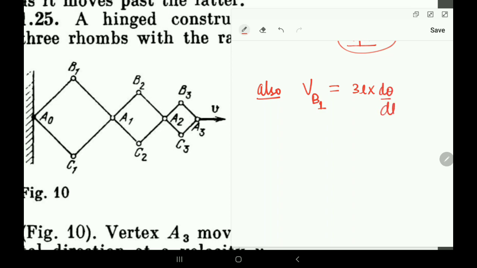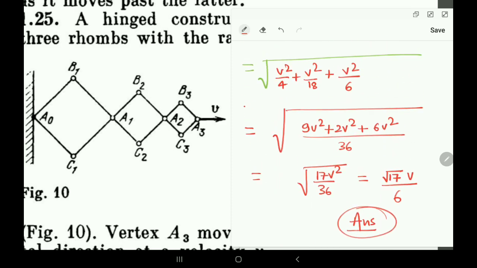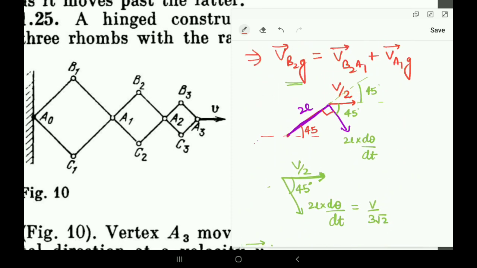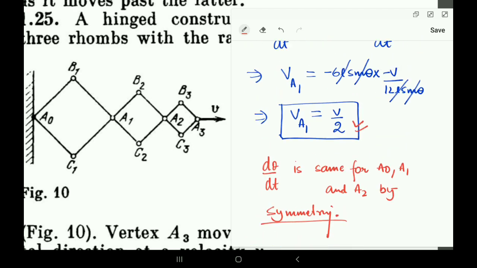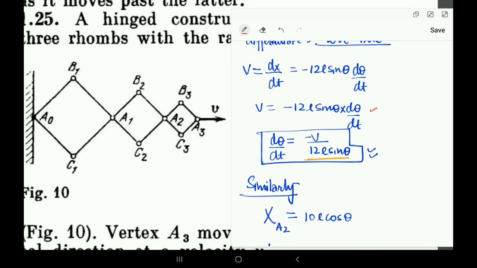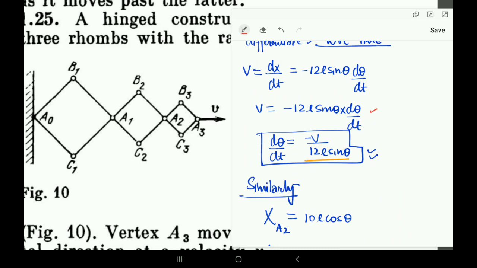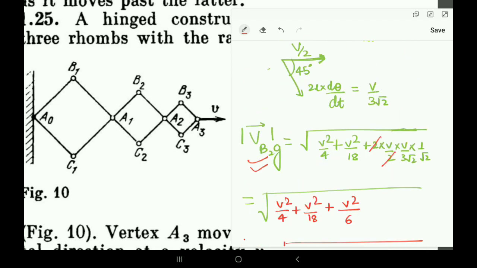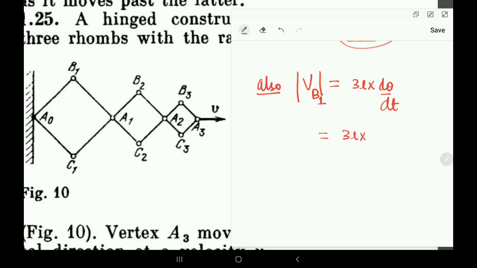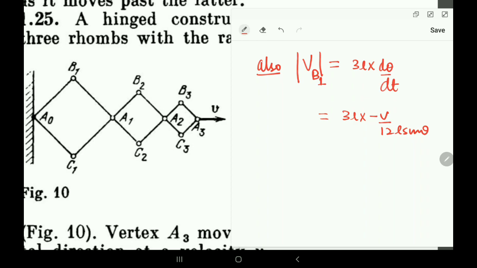This is an easy case. Why? Because the A0 joint, with which the end B1 is connected, is at rest. It is not moving like the joint A1. So it becomes an easy case. B1 is just moving in an arc, just coming down doing circular motion.